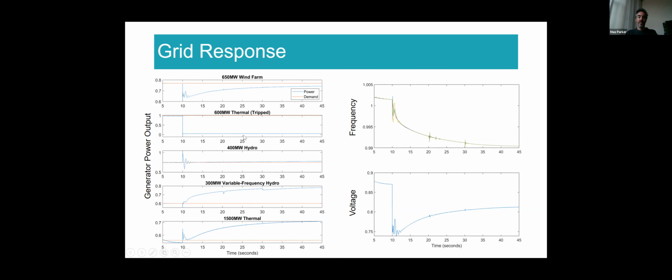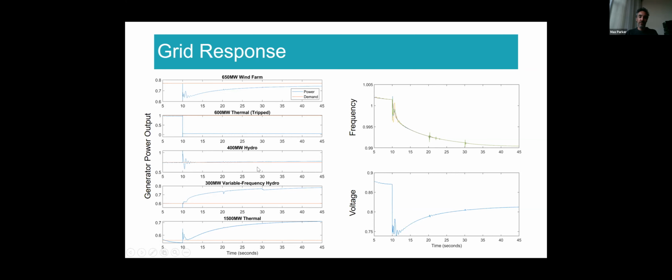But as you can see, as you'd expect, you get a drop in frequency that causes the frequency support plant to provide more power.